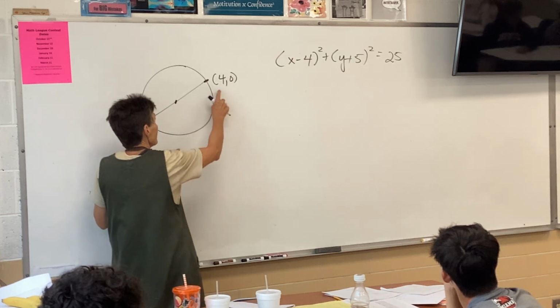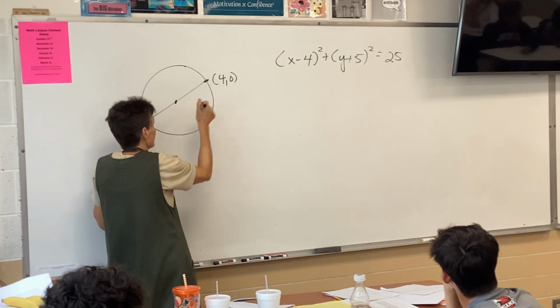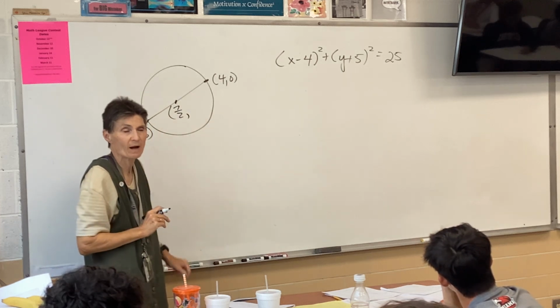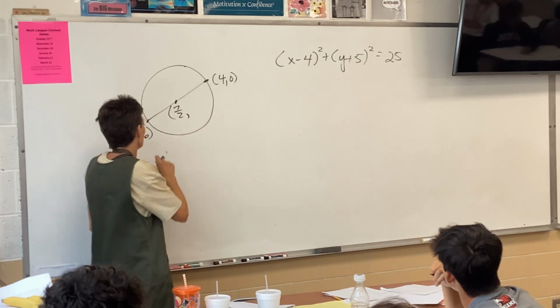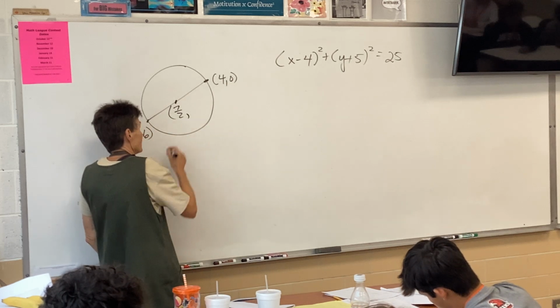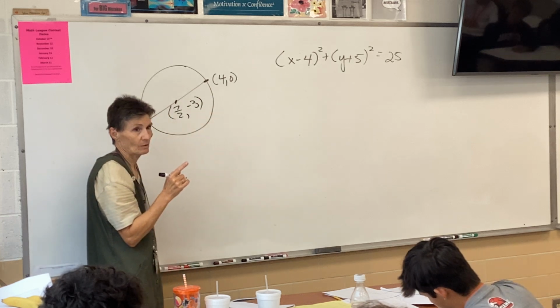So 3 and 4 divided by 2. I'm going to go ahead and say 7/2, but if you prefer 3.5, that's fine. -6 and 0 divided by 2. So now I know my center.